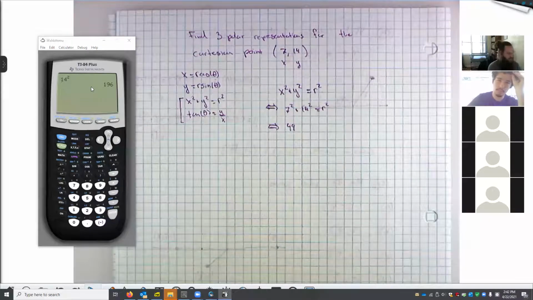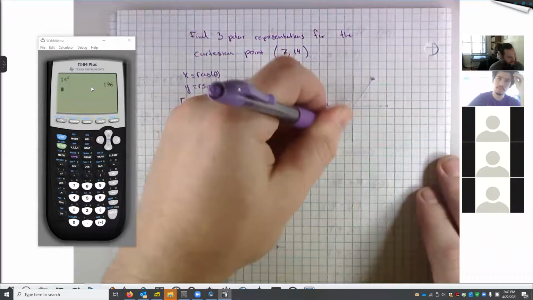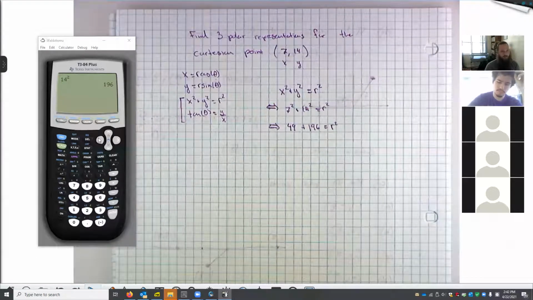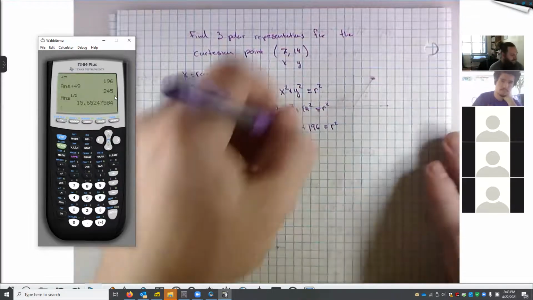We get 196. So the sum of those is 245, and the square root of that is 15.56. I'll just write it as the square root of 245.